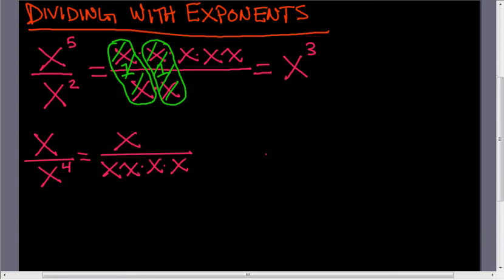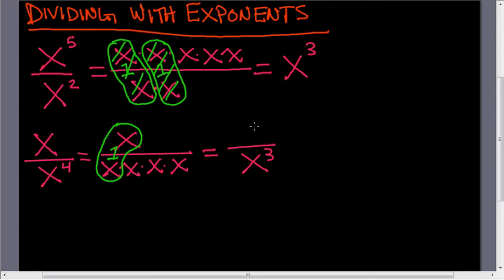What's going to happen? That x on the top is going to cancel out with one of the x's on the bottom, because that makes 1. Am I left with nothing on the top? Down on the bottom, I've got x times x times x, which is x to the power of 3. On the top, it seems like you have nothing, but remember, this became a 1.